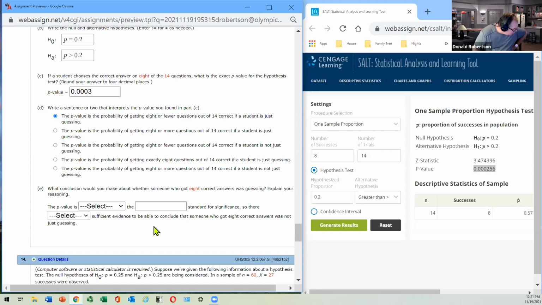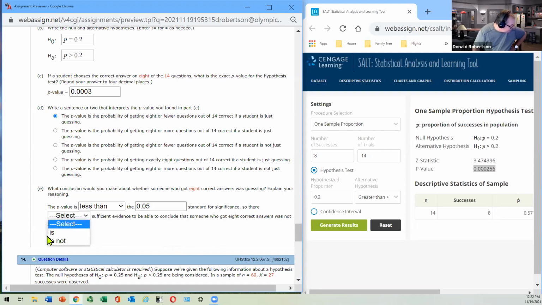Now, what conclusions can you make? Well, the p-value is less than what they're calling the standard significance level, which is 0.05. So whenever you see standard significance level, you know it's that number.